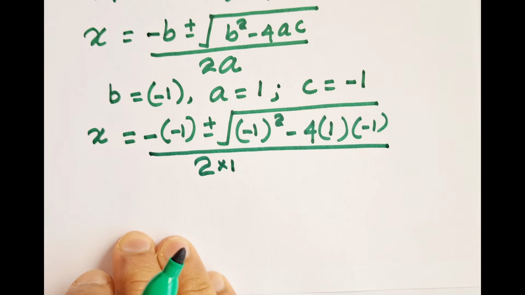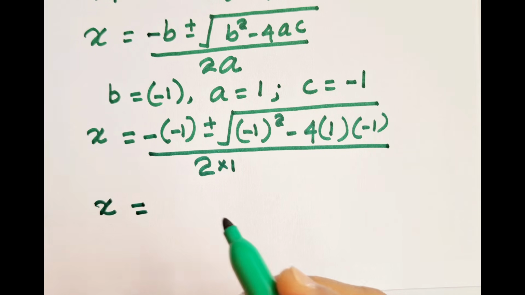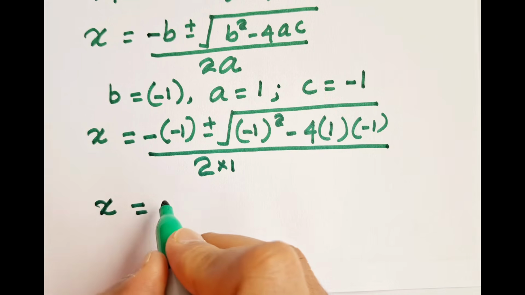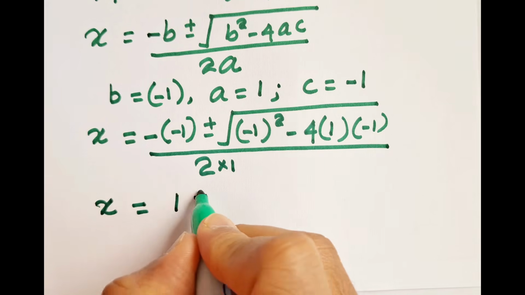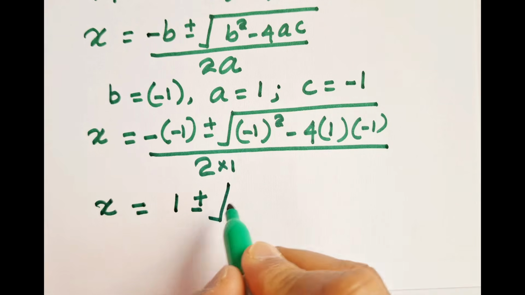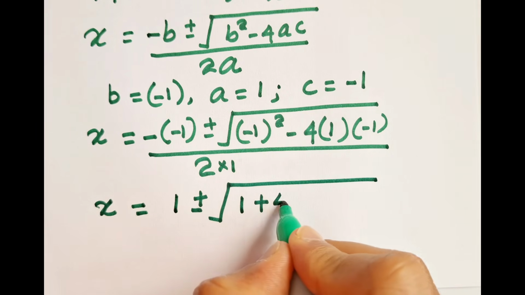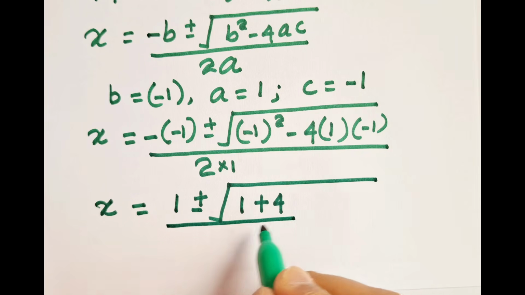Further simplifying, we know that minus times minus 1 is plus 1, plus or minus the square root of 1 squared, which is plus 1, minus 4 times minus 1, equal to plus 4, divided by 2.